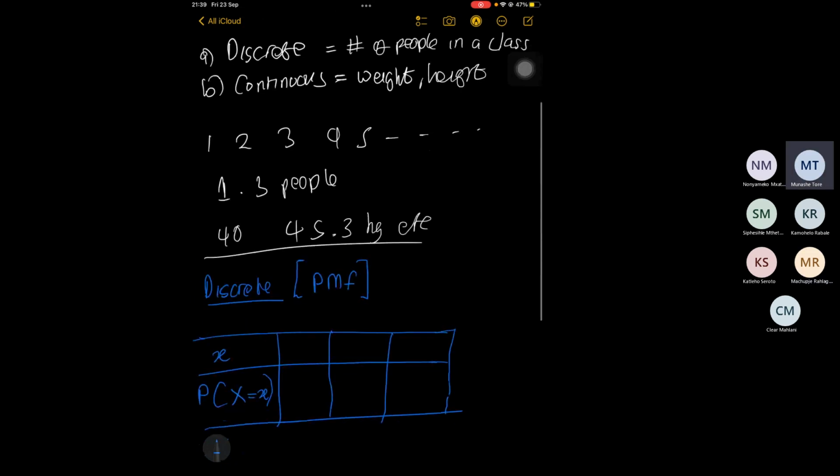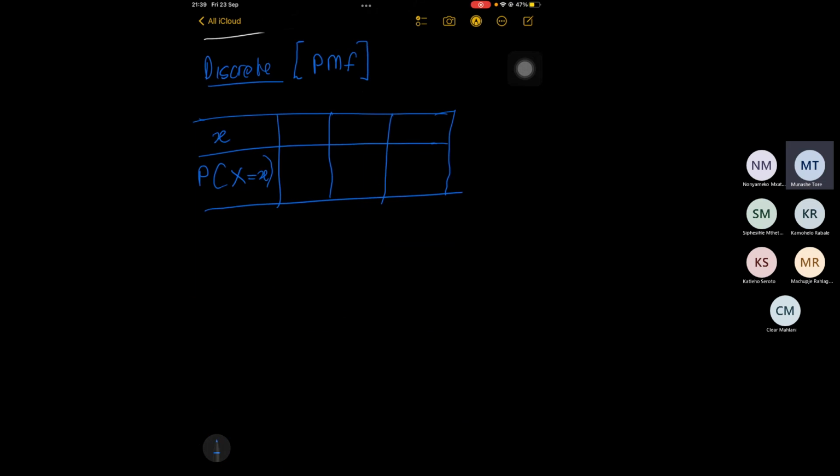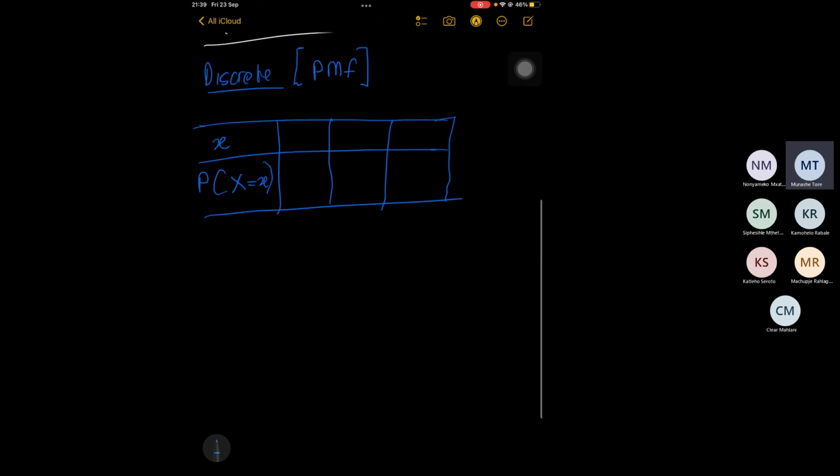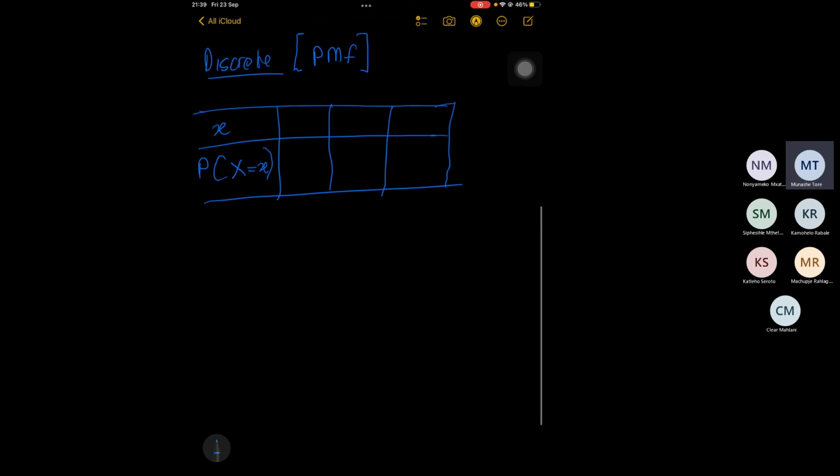But when you're dealing with continuous, it's called a PDF, as you will see as you go. So with the probability mass function, here I'm explaining the properties of a PMF, which is used to model discrete random variables, isn't it? Let's assume here for x we have 1, 2, 3, etc.